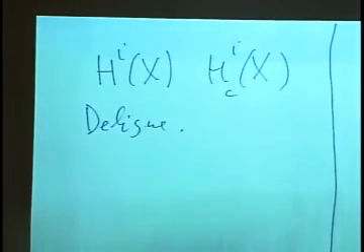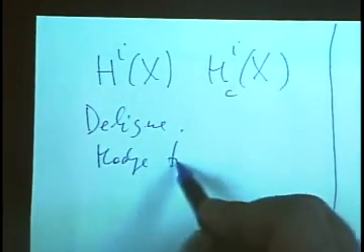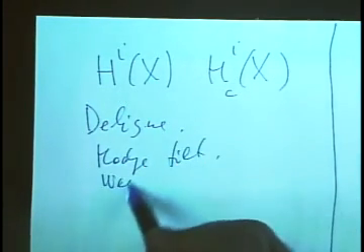says that this cohomology has two filtrations, one called the Hodge filtration, and another the weight filtration.